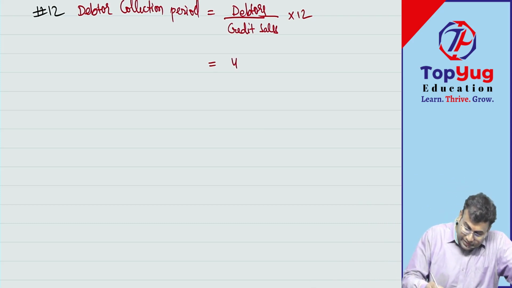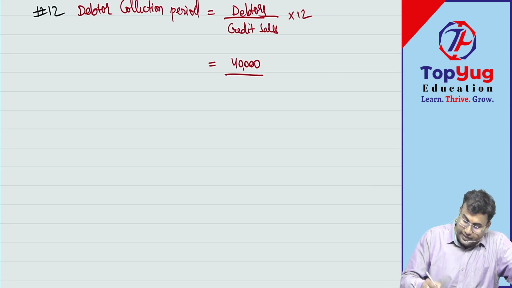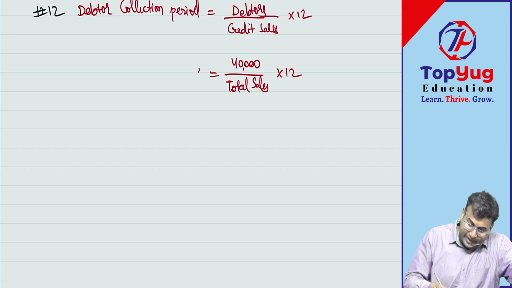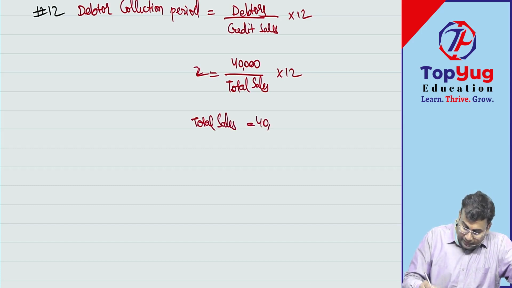So debtors, just now we calculated 40,000, divided by credit sales, which we don't know, so I can rewrite it as total sales into 12, and this is equal to 2. So total sales is equal to 40,000 into 6, I believe. So that is 2,40,000.